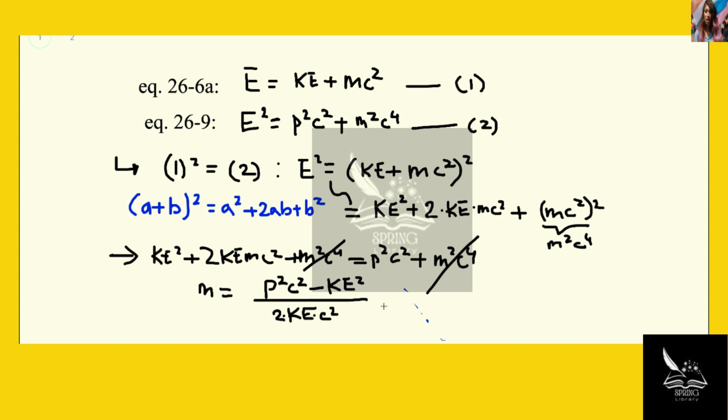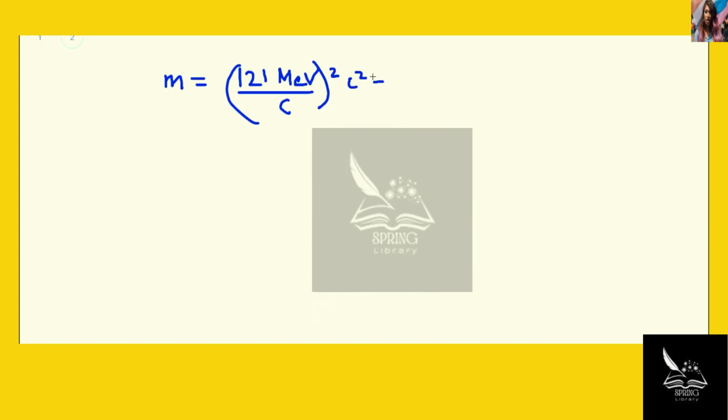Okay, so let's work that out. m is equal to p squared, which is 121 MeV per c, squared, times c squared, minus the kinetic energy squared, and so that's just 45 MeV squared.